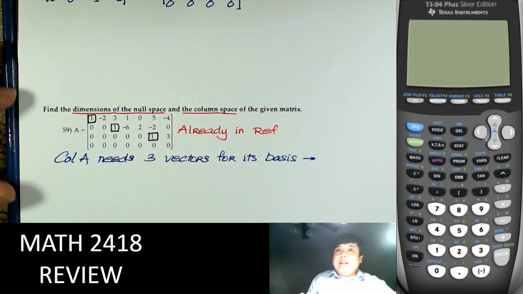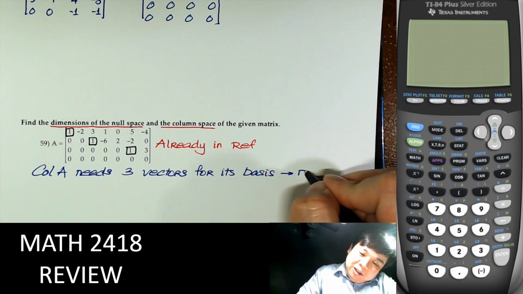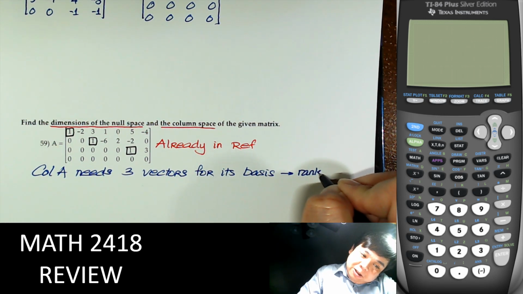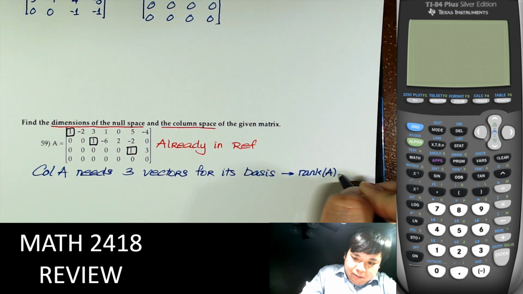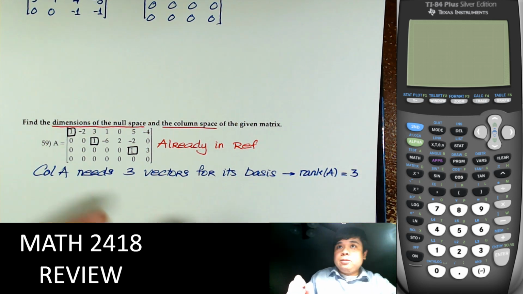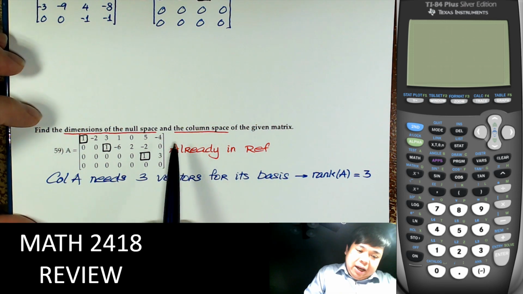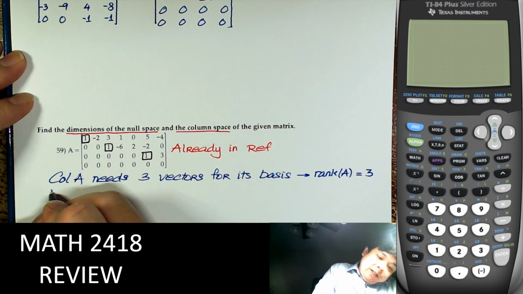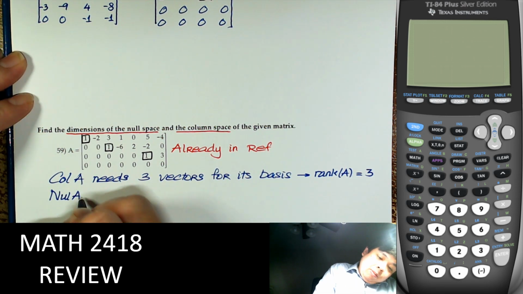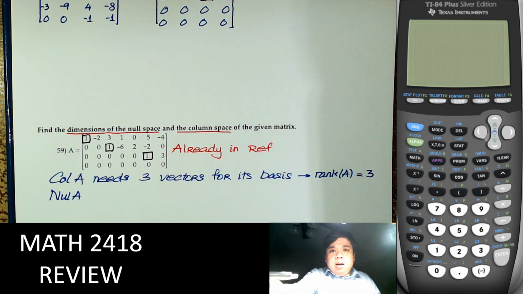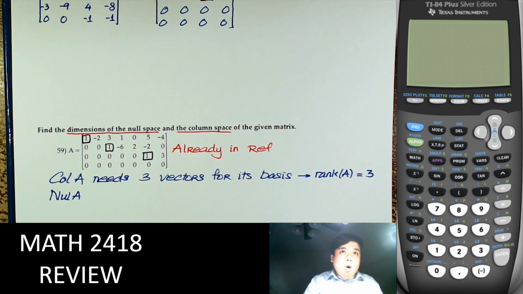So in this case we say the rank is 3. And the null space of A is the space of the solution of the homogeneous system.